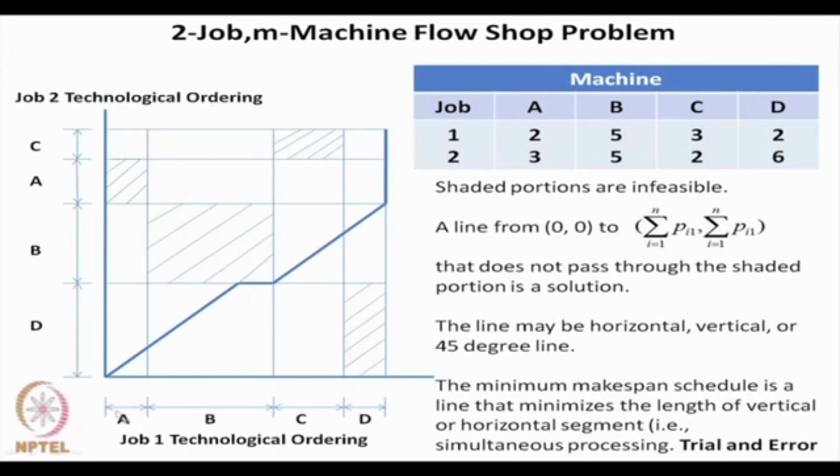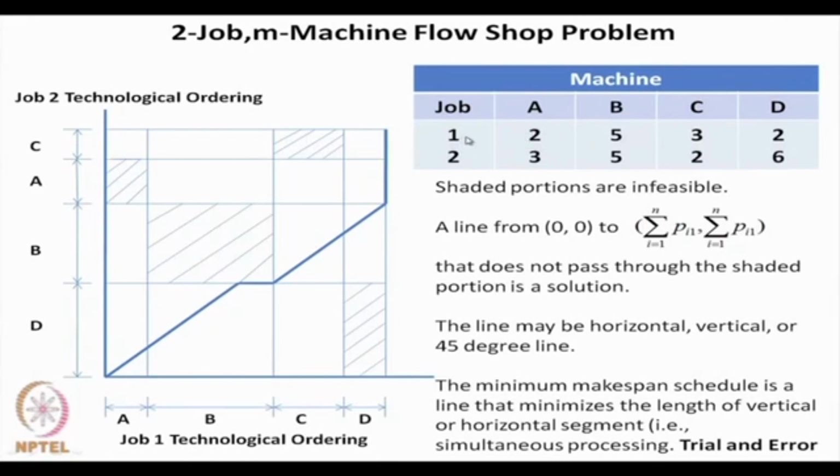I am sorry, the technological ordering, the sequence of operation for job 1 is A, B, C and D, and for job 2 the sequence is D, B, A, C. So, the technological ordering is different, but both the jobs require to go through all the 4 machines, and these are the operation times.